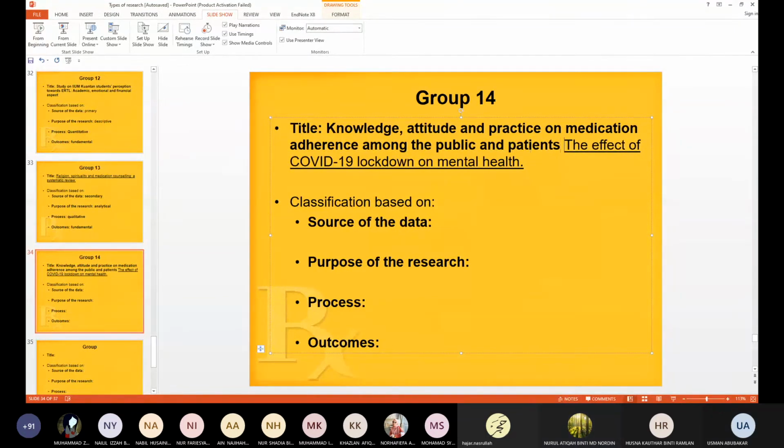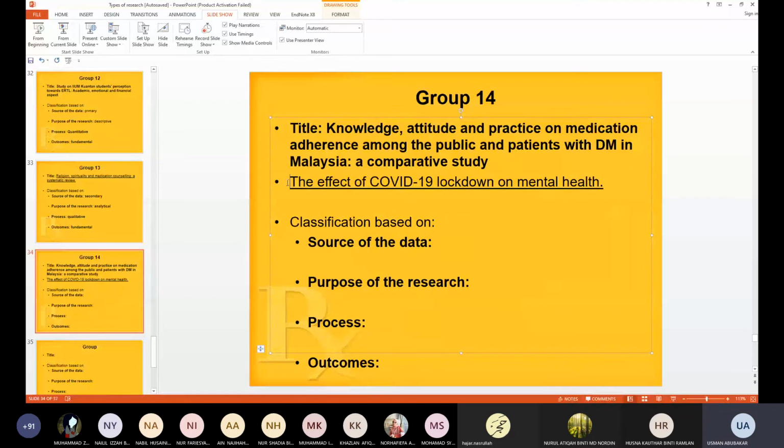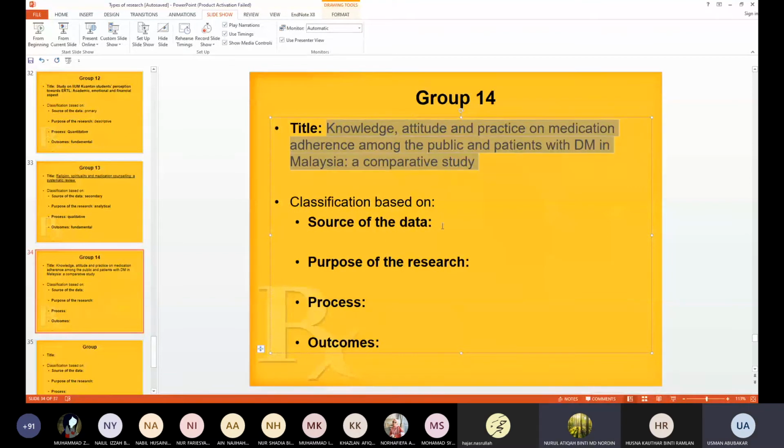Okay. How do you classify this? The source is primary research. Okay, good. Purpose? Descriptive.